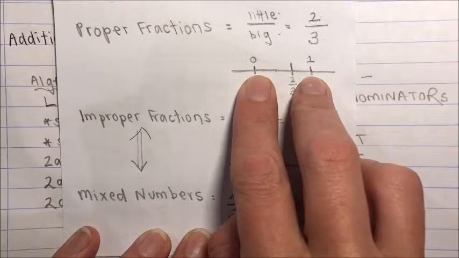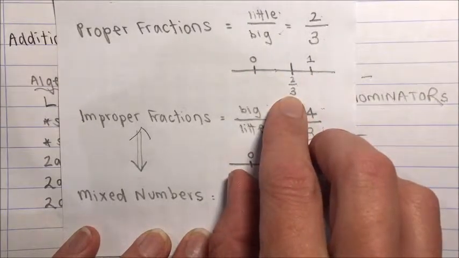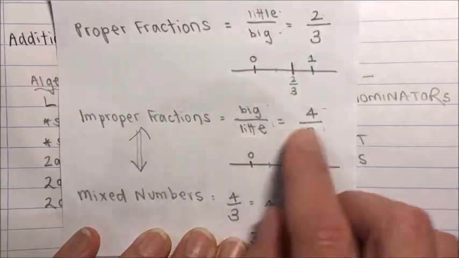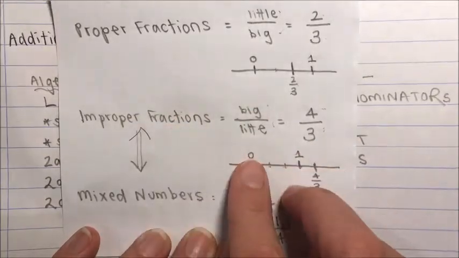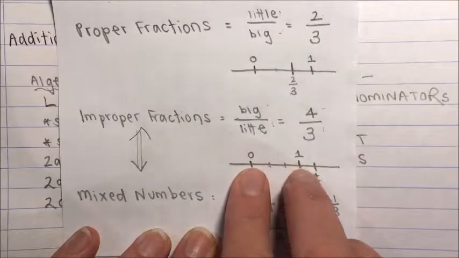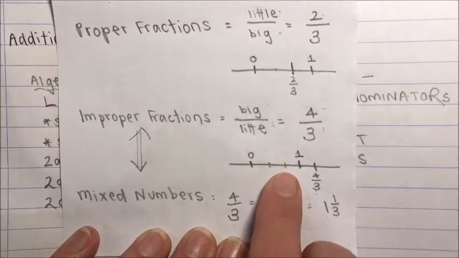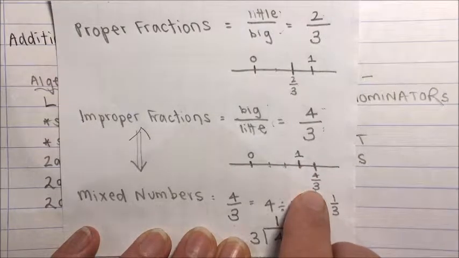It's less than 1. So there's 0, there's 1, 1/3, 2/3. When we've got a numerator that's bigger than our denominator, something like 4 over 3, we get an improper fraction. It's bigger than 1. So there's 0, there's 1, and here's 4 over 3, because that's 1/3, 2/3, 3/3, 4/3.